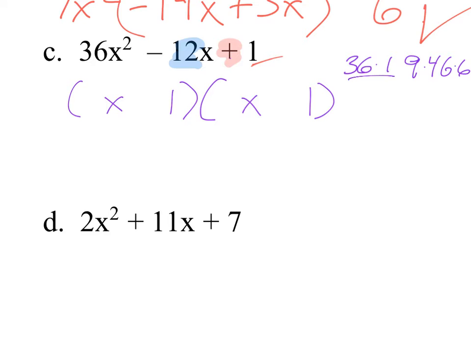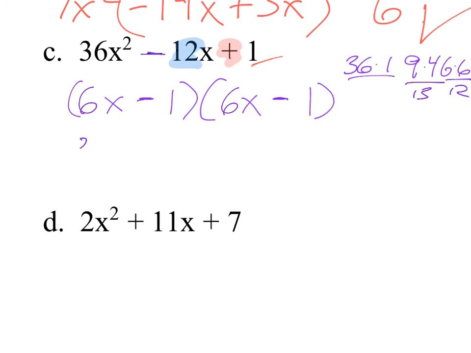But 9 and 4 do not add either. Those add to 13. 6 and 6 does add to 12. So that means I'm going to have a 6 and a 6 out front. I'm adding them together, but they're negatives, so I have to have subtractions in here. So basically, I've got 6x minus 1 quantity squared, because they're identical factors.